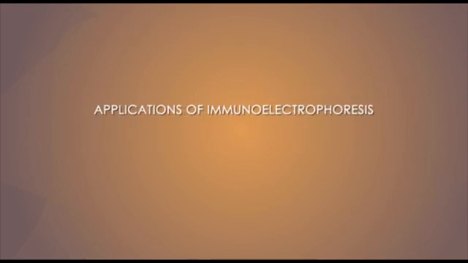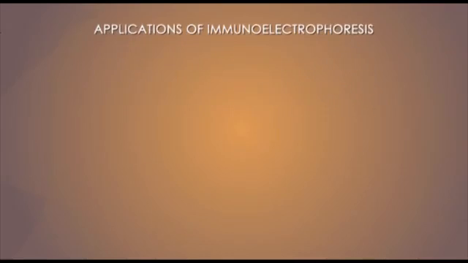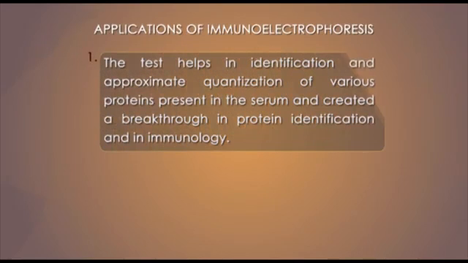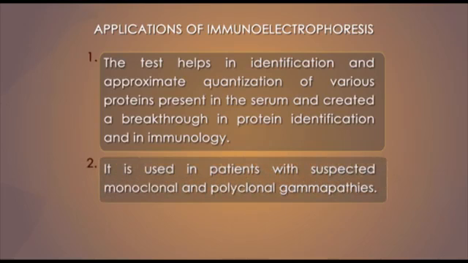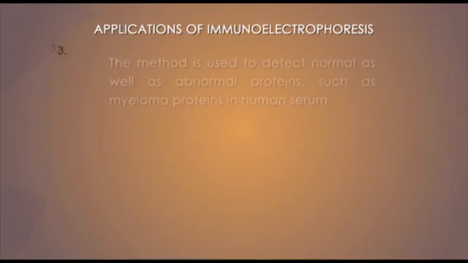Applications of immunoelectrophoresis. First, the test helps in identification and approximate quantization of various proteins present in the serum and created a breakthrough in protein identification and in immunology. Second, it is used in patients with suspected monoclonal and polyclonal gammopathies. 3.